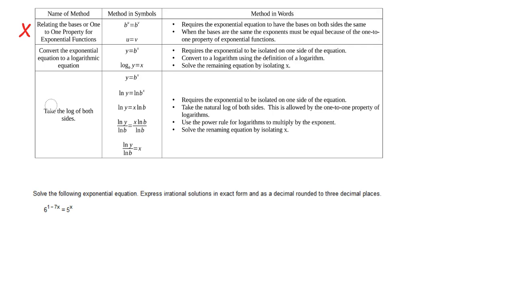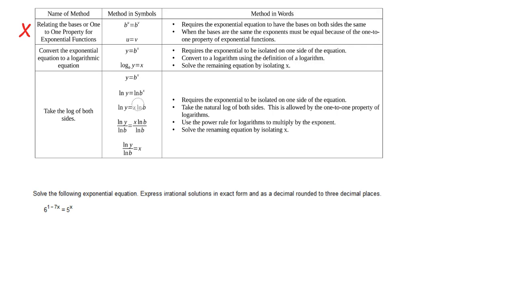And then the other method is to take the log of both sides. So if you have your exponential equation, you can take the log of both sides. I like to use natural log. Once you take the natural log of both sides, that introduces your properties of logarithms. One of the properties that we can use here is the power rule to take this variable out of the exponent.